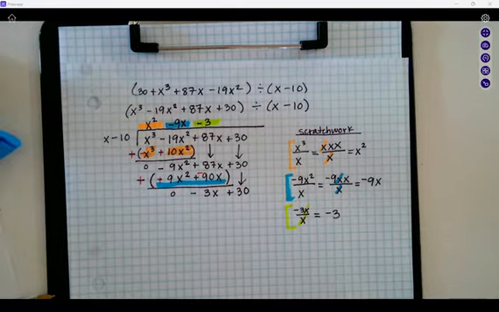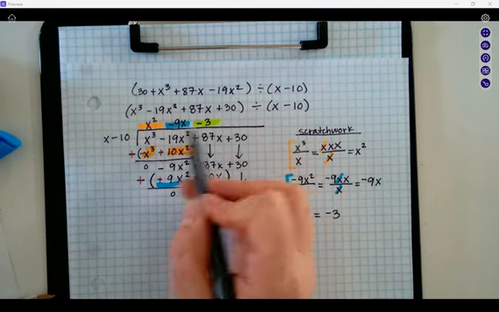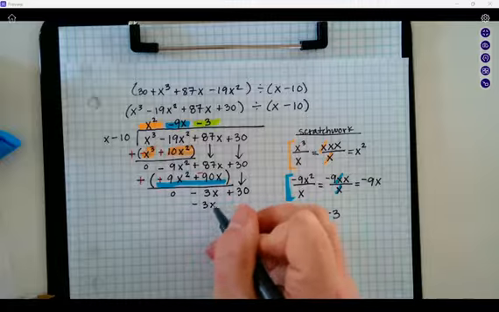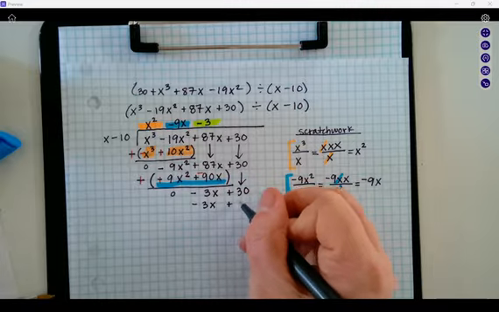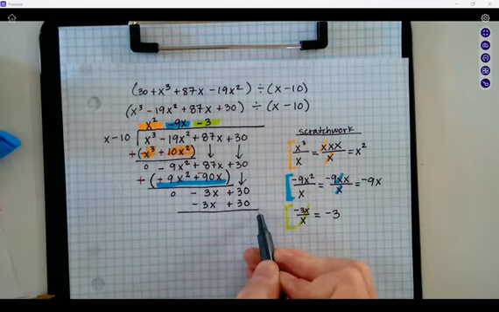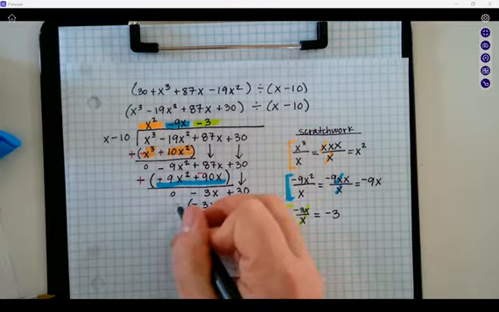And now I'm going to distribute that negative 3 across the divisor, just like we did before with the other parts of the quotient. So negative 3 times x is negative 3x. Negative 3 times negative 10 is positive 30. I need to subtract these terms from the previous result.